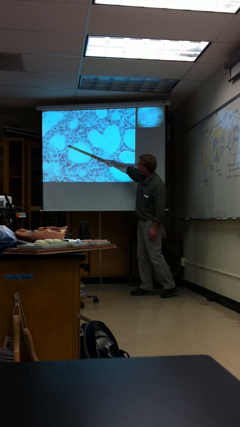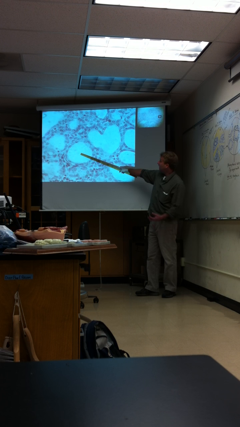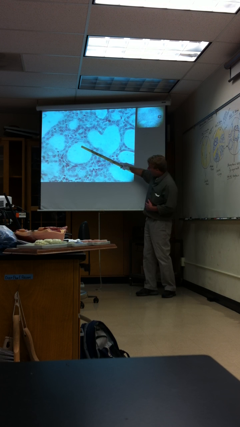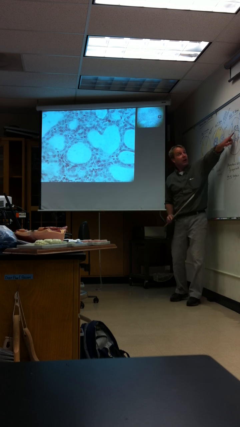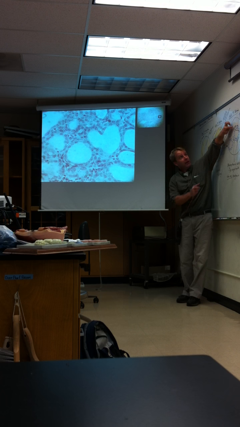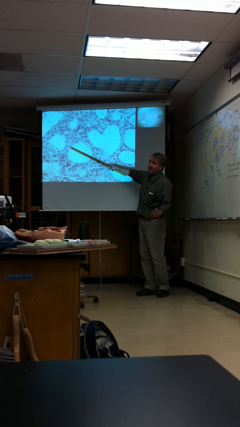This is one alveolus, and you can see the lumen of the alveolus right there. This alveolus is made up of two main cells, and I've diagrammed them right here. The cells lining the lumen are called the secretory cells. If I look right here, I could point right there, or I could just say identify the cell lining the lumen.